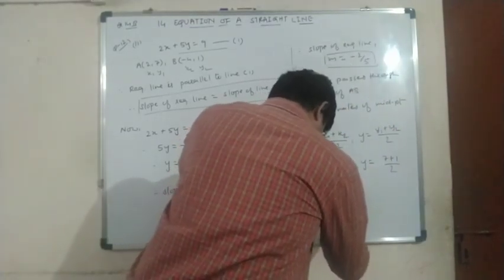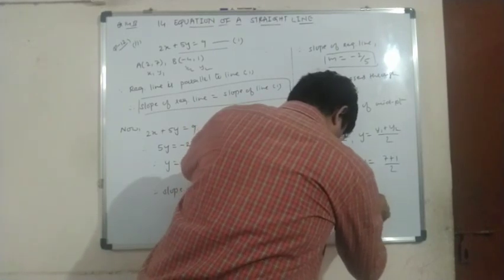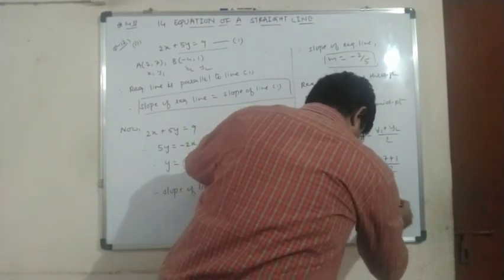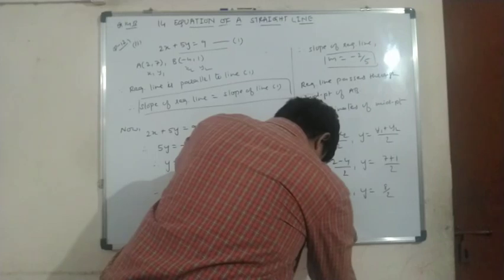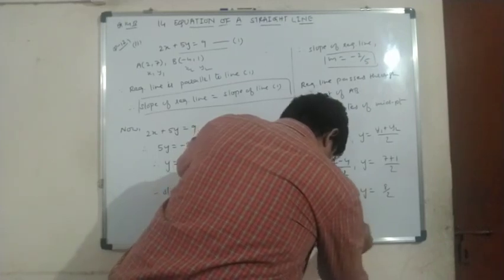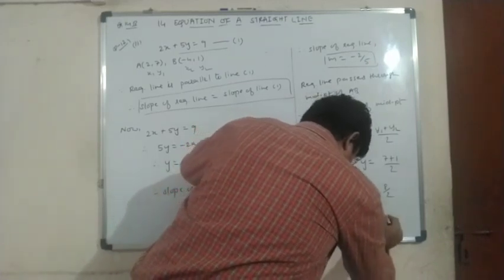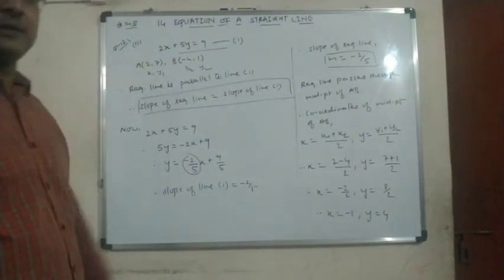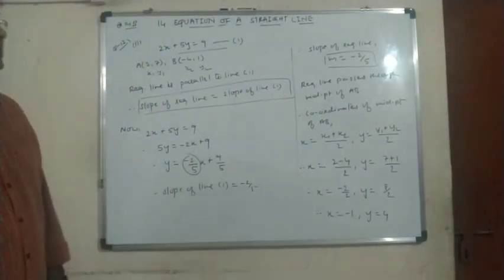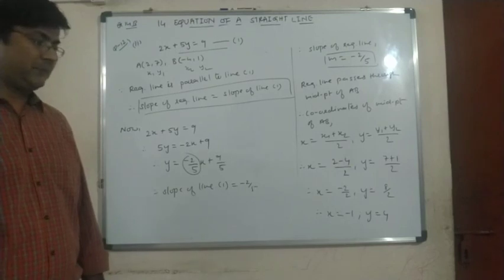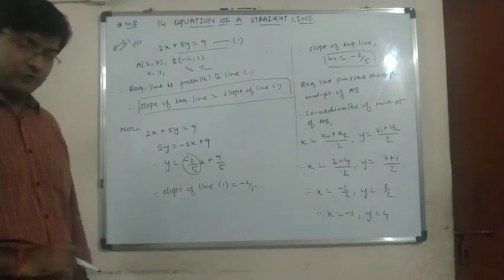Therefore x is equal to minus 2 upon 2, and y is equal to 8 upon 2. Therefore x is equal to minus 1, and y is equal to 4. Clear? So we got the coordinates of the midpoint of line segment AB to be minus 1, 4.